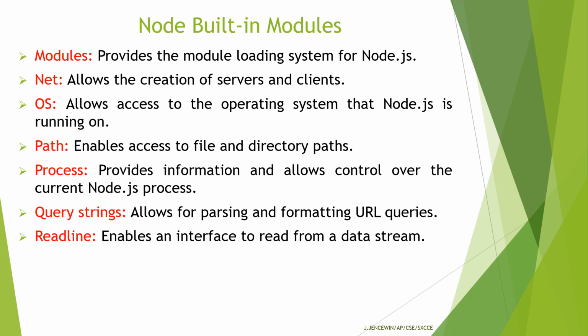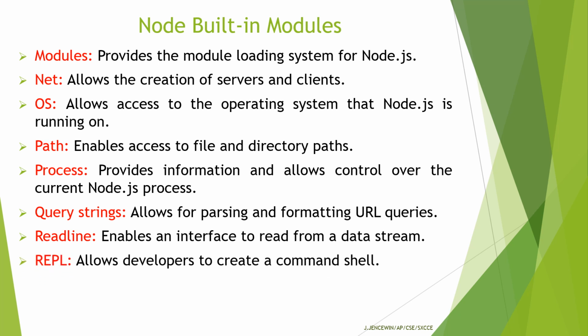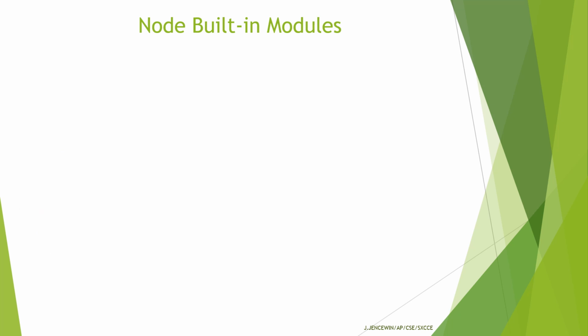Readline module, this enables an interface to read from a data stream. Then REPL, that is, read-eval-print loop. This is used to create a command shell, that is, a command line.